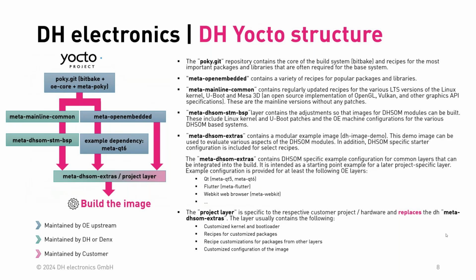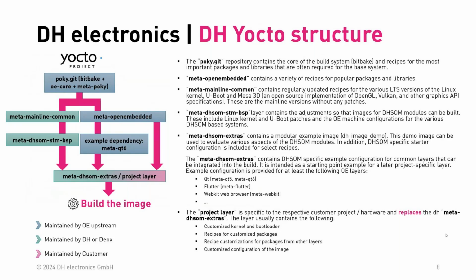Then next we have the Meta vSOM STM BSP layer, which contains the customizations for our SOMs. This layer is maintained by v and is independent of the specific end product. It contains only the customizations for our system on module itself. And finally, we have this Meta vSOM extras layer, which is an example of a project-specific layer. With this layer, you can also test typical packages like, mentioned here, WebKit, Flutter, Qt, and so on.